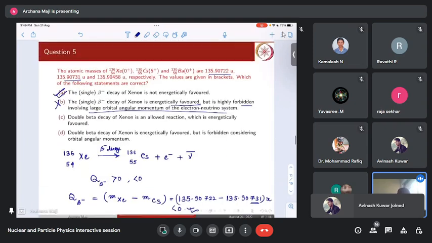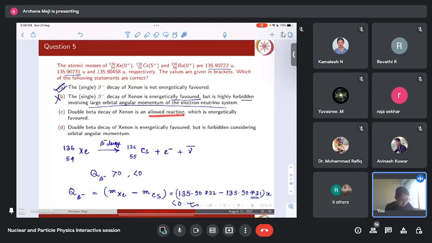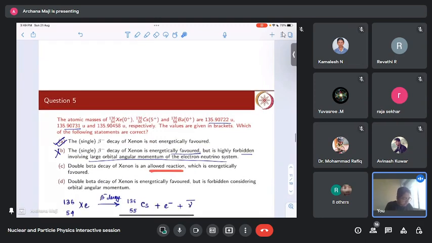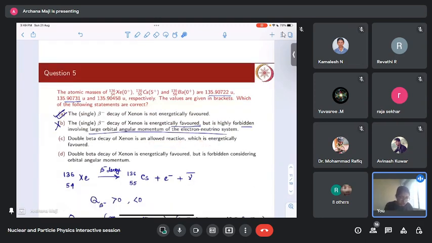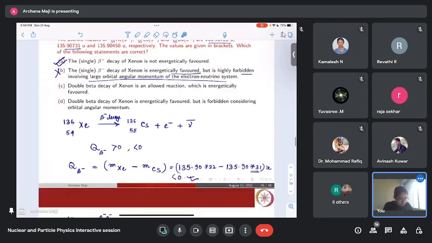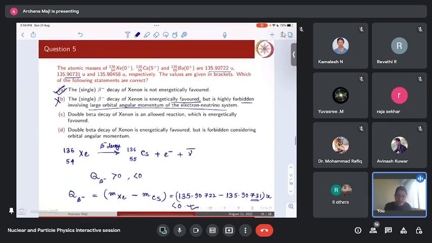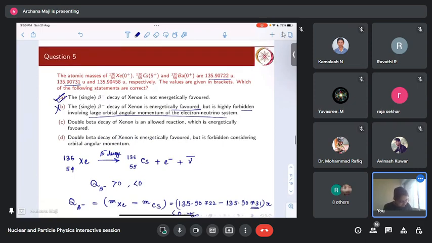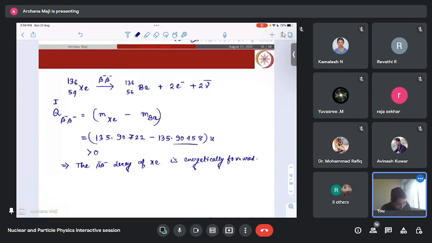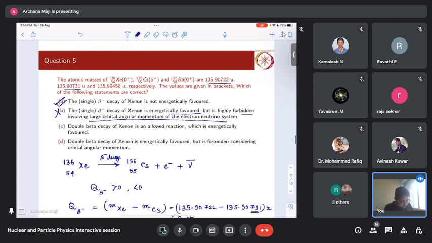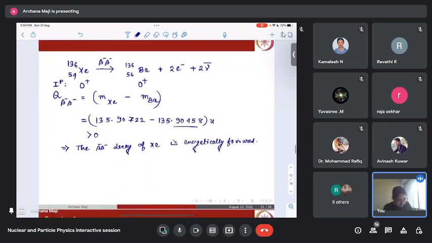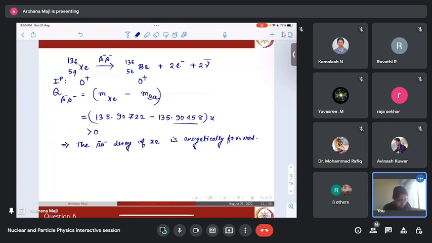We also need to see whether it is an allowed reaction or not. So in order to see that, what do we need to check? We need to check whether L equal to 0 is possible or not. If L equal to 0 is not possible, then it is forbidden, it is not an allowed decay. And how do we check whether L equal to 0 is possible or not? We need to see parity conservation. So let us see that. The spin parity of xenon is 0 plus, and barium is also 0 plus. So we can see that there is no parity change.